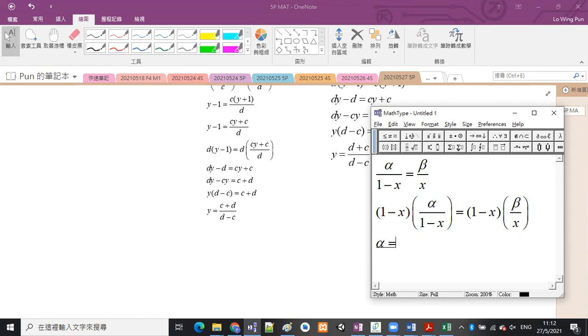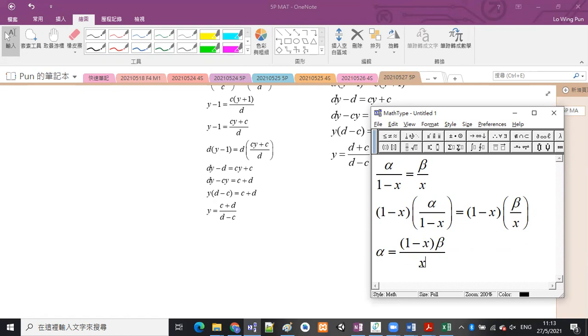But the 1 minus x here as a whole bracket can be cancelled with the 1 minus x. But this part, the x part, is connected by minus, so it is not qualified. So if there is no common factor to cancel, this 1 minus x should be multiplied to the top part of the fraction, like this.